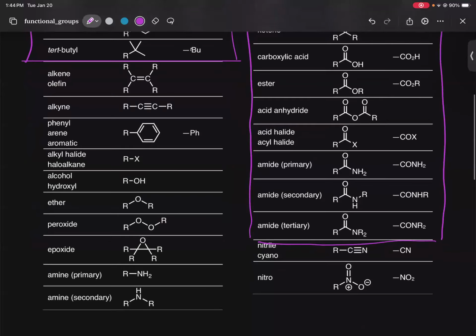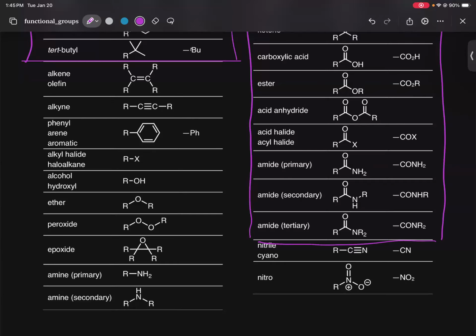If we continue down that side of the page, now we see that a lot of these contain multiple bonds or heteroatoms. So double and triple bonds have their own names. Alkenes are carbon-carbon double bonds. Alkynes are carbon-carbon triple bonds.